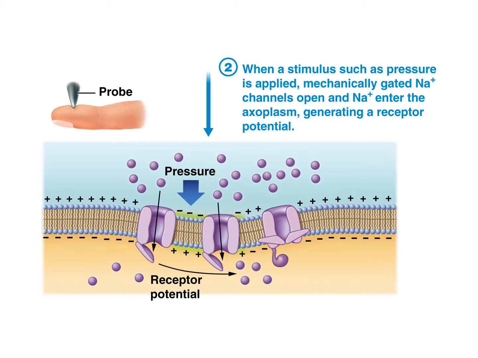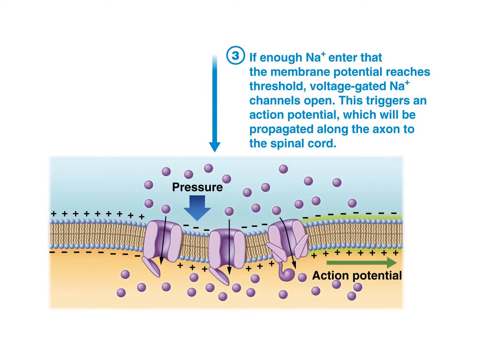This is going to be stimulating the mechanically gated sodium channels, and due to the pressure, these channels open. And now sodium is entering the channel. If enough sodium enters the membrane and it depolarizes to reach the threshold, then an action potential will be formed. So in a way, it's very similar to what we showed before, the synapse. However, we're not looking at neurotransmitters here, we're looking at ions.